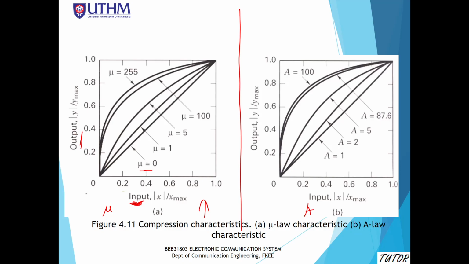We have another parameter, as I mentioned earlier, the range of the quantizer levels. You see that the value of mu is a constant parameter for the companding, from 0 until 255.